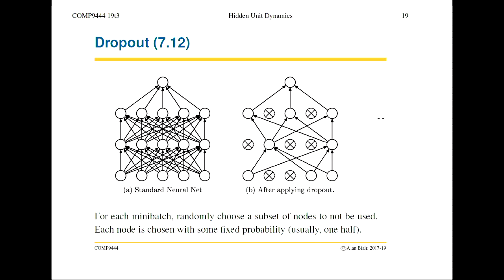So that means that it's very clever, because all the nodes are present, but on average the full set of nodes are contributing the same amount of activation as 80% of them would have contributed when the others were dropped out. Right?